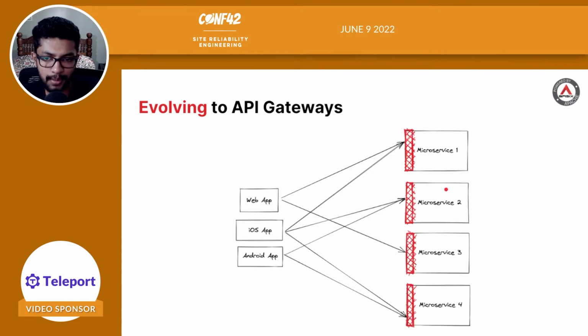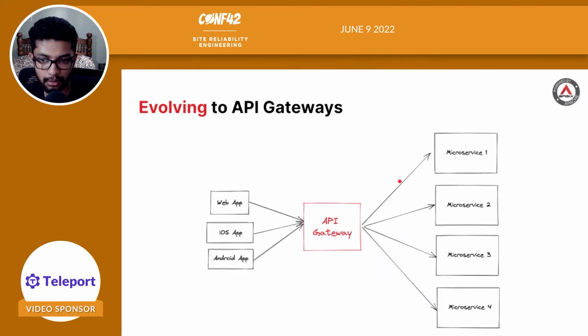Now, if we go back to our services, you have a lot of services, and you end up configuring all of your observability configurations, like monitoring, tracing, security, authentication, and traffic control, and all sorts of things directly to your microservice. And that is where an API gateway steps in.